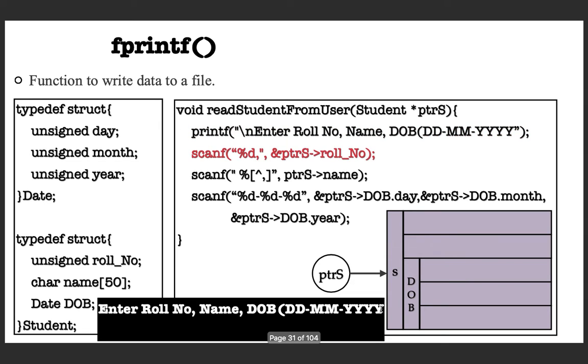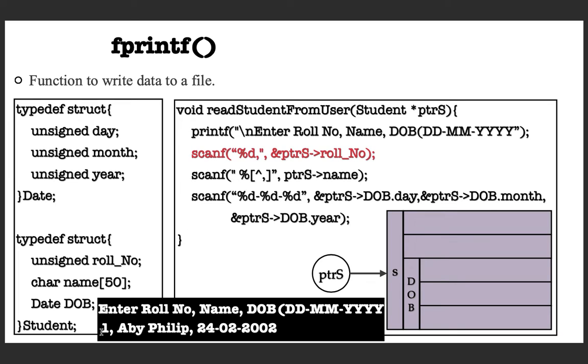Then it proceeds down. It's a scanf statement, and what is it reading? It's reading a number. And note that this is how you access the roll number field, because it's a pointer, this is the member access operator. Now the address of that field needs to be passed into the scanf function. So until the user gives a number, it waits. Suppose the user gives this as input, 1, AB Philip, 24/2/2002.